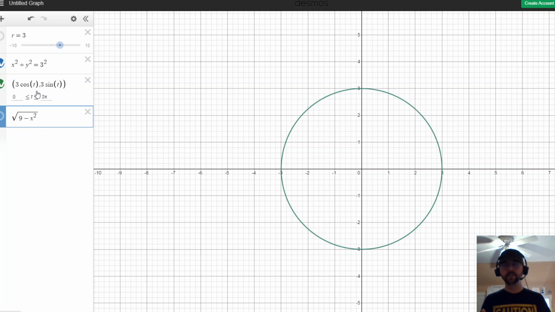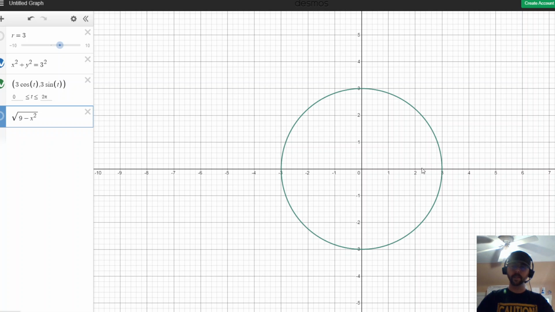And actually with parametric curves there is a direction implied, and the direction here is going from 0 to 2 pi. So we start with t equals 0, where cosine of 0 is 1 and sine of 0 is 0. So this gives us the point 3, 0.